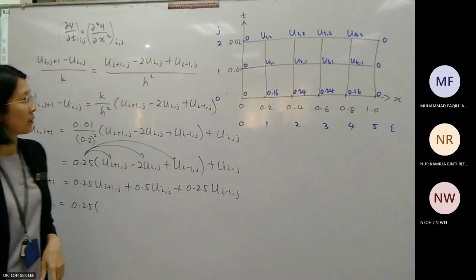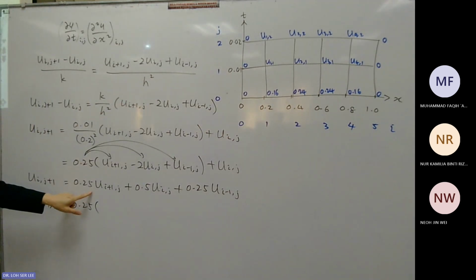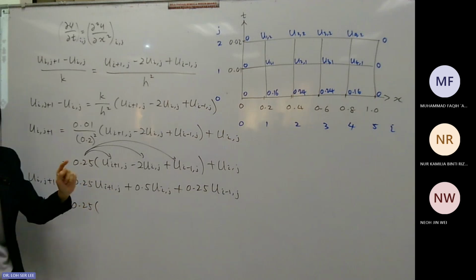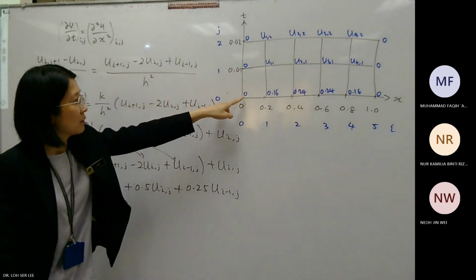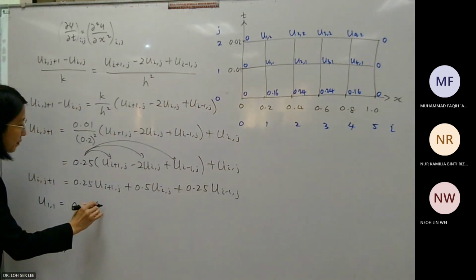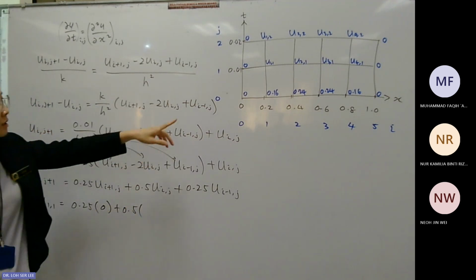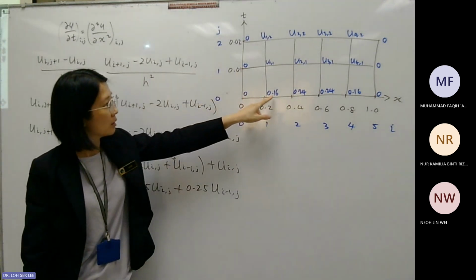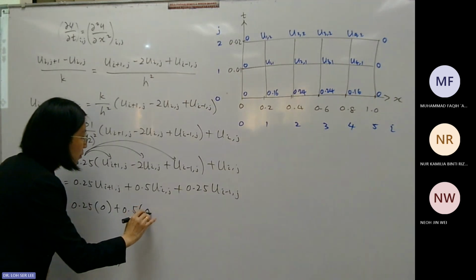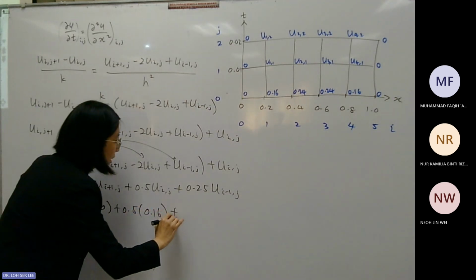So 0.25. The first U is this one, right? Plus 0.5. The second U is 0.16, plus 0.25.